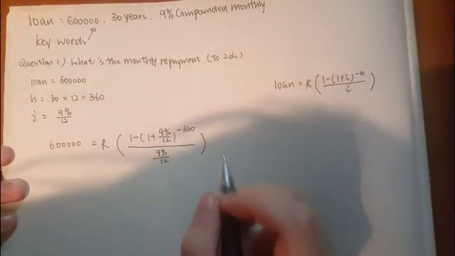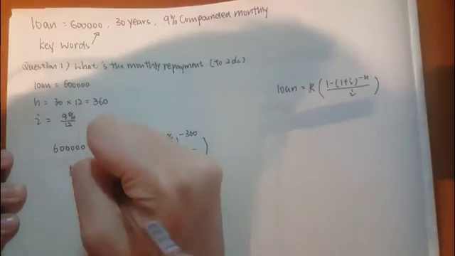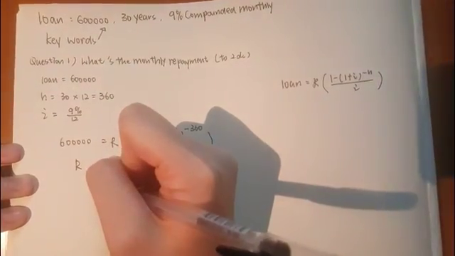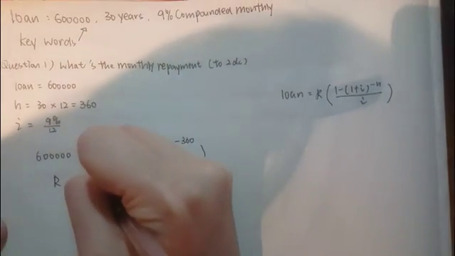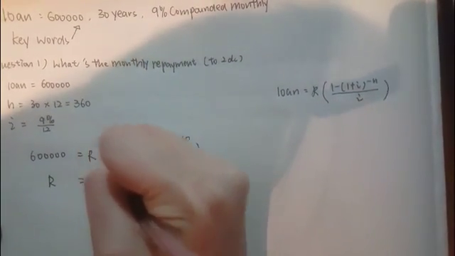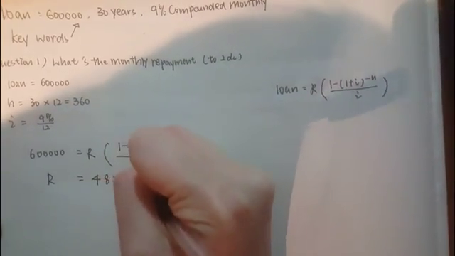Then we can calculate R, that is the repayment. R is equal to $4,827.74.